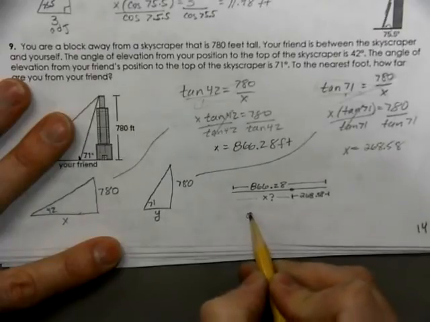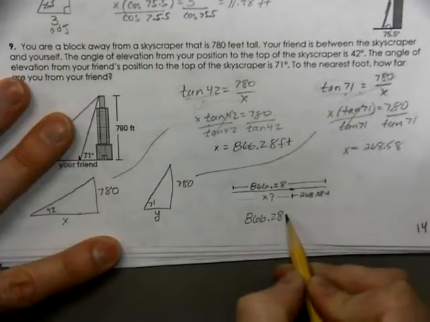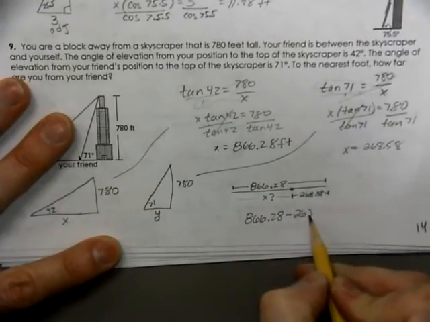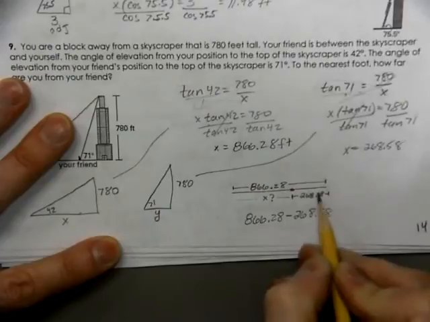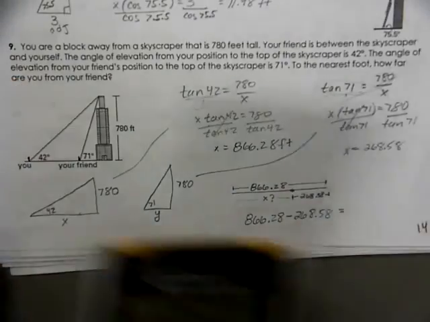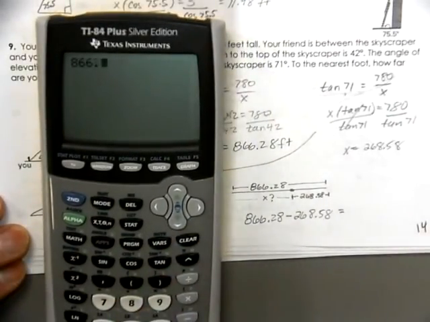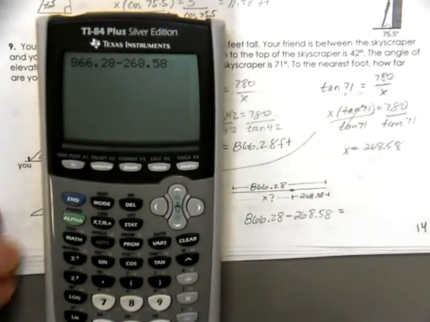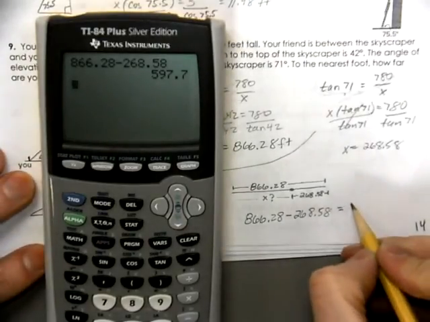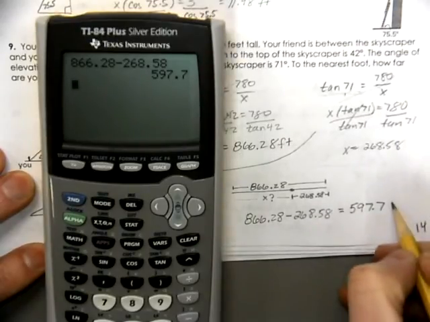So we're going to take the 866.28, that's the whole distance. We're going to minus the 268.58, that's this little bit here. That's going to give us the leftover amount. 866.28 minus 268.58, and we're going to get 597.7 feet.